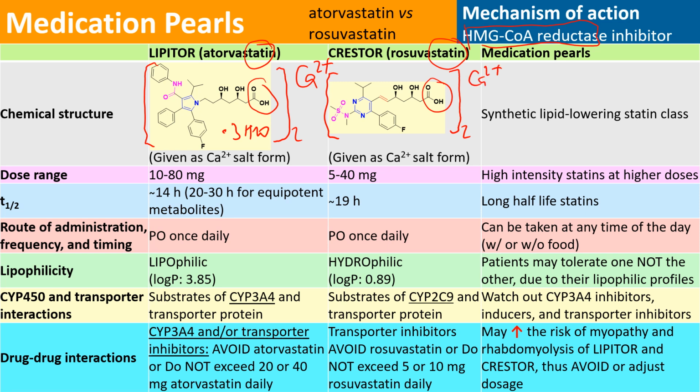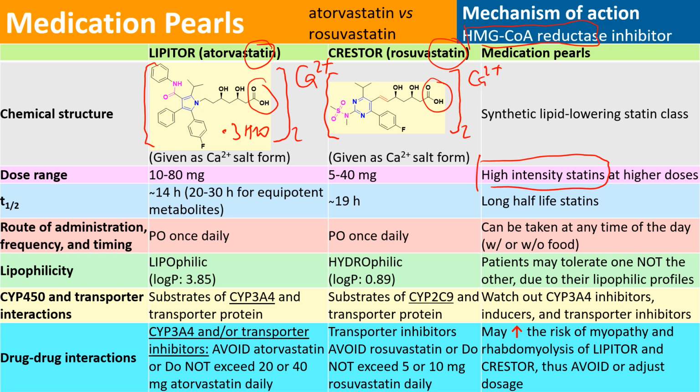As mentioned, both statins are synthetic, lipid-lowering agents. The dose range for atorvastatin is 10 to 80 milligrams. For rosuvastatin, it's 5 to 40 milligrams. Both atorvastatin and rosuvastatin are high-intensity statins at higher doses.